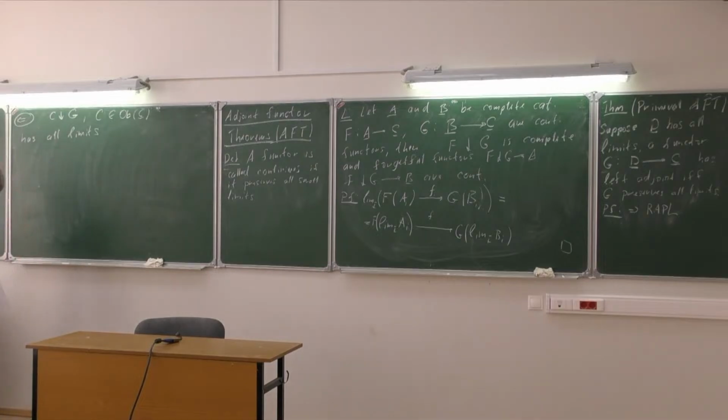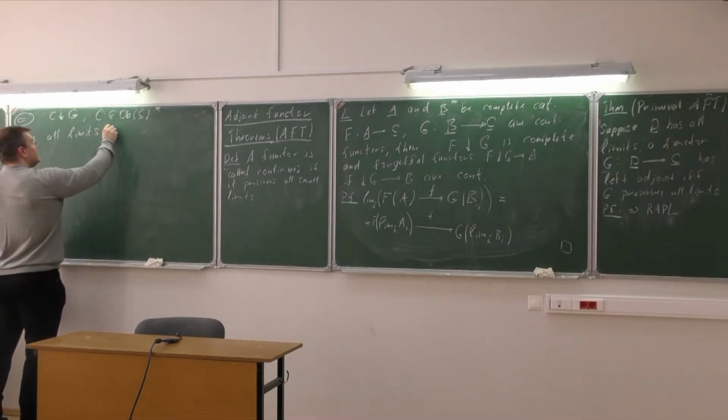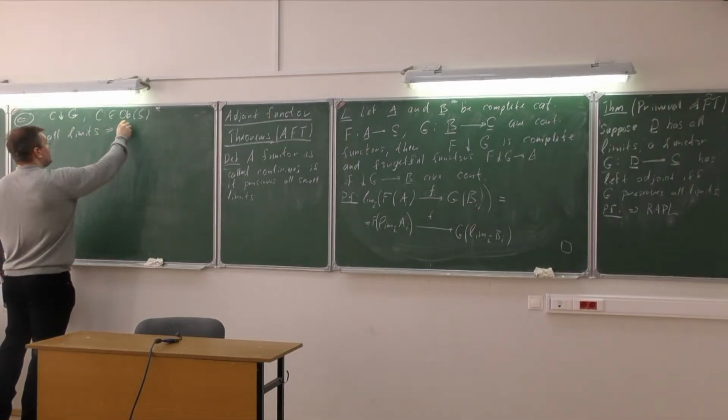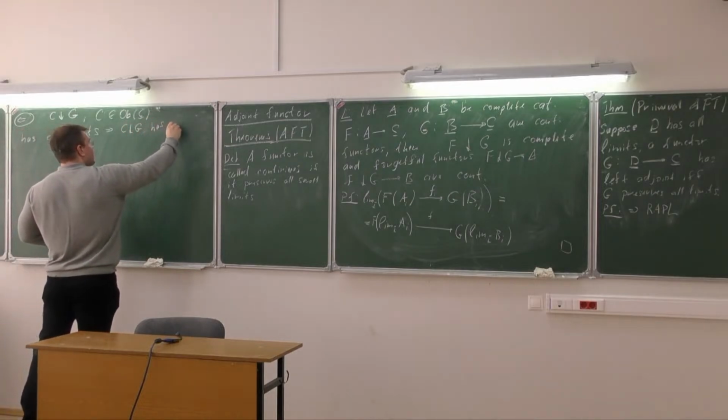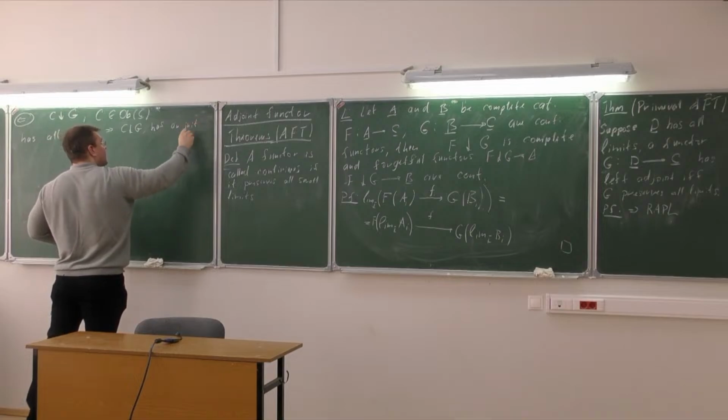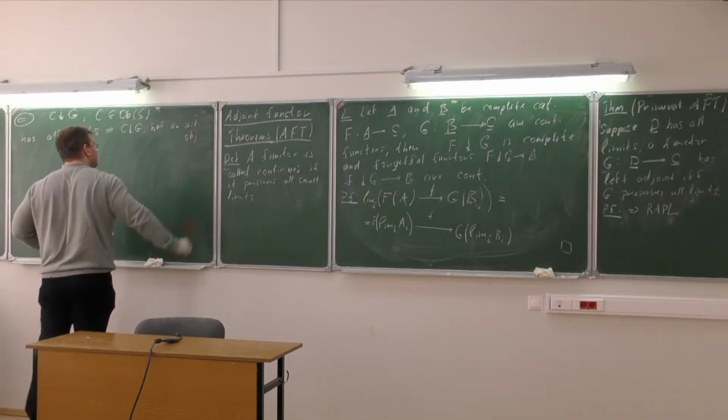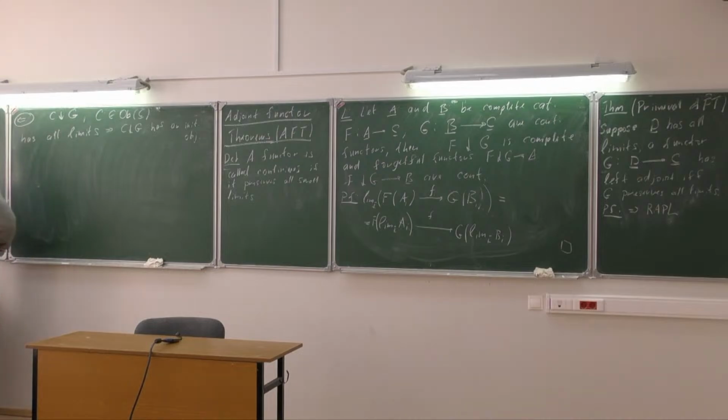That is by the previous lemma. This is just a special case of a comma category. So there are all limits in this comma category, right? But this implies that this comma category has an initial object. That's probably the only non-trivial step in this proof.